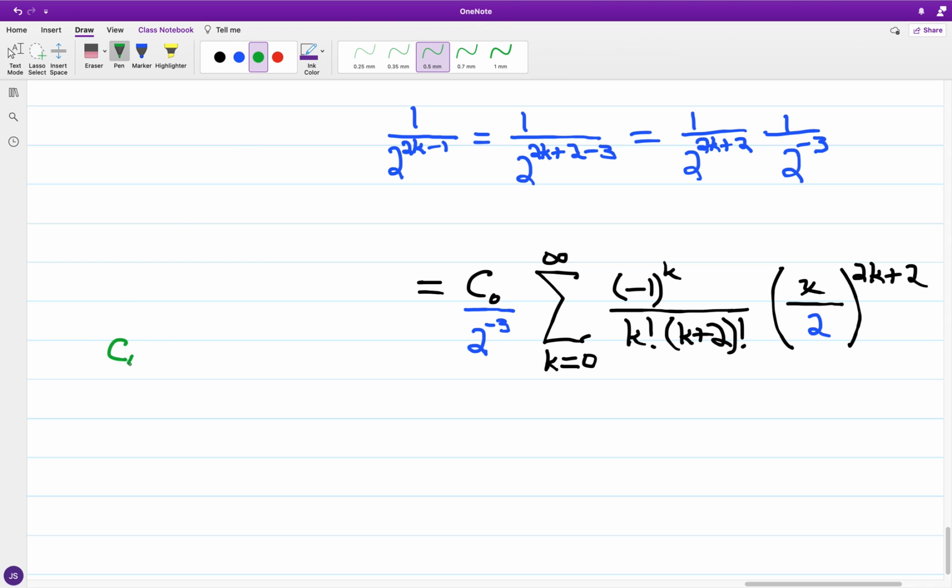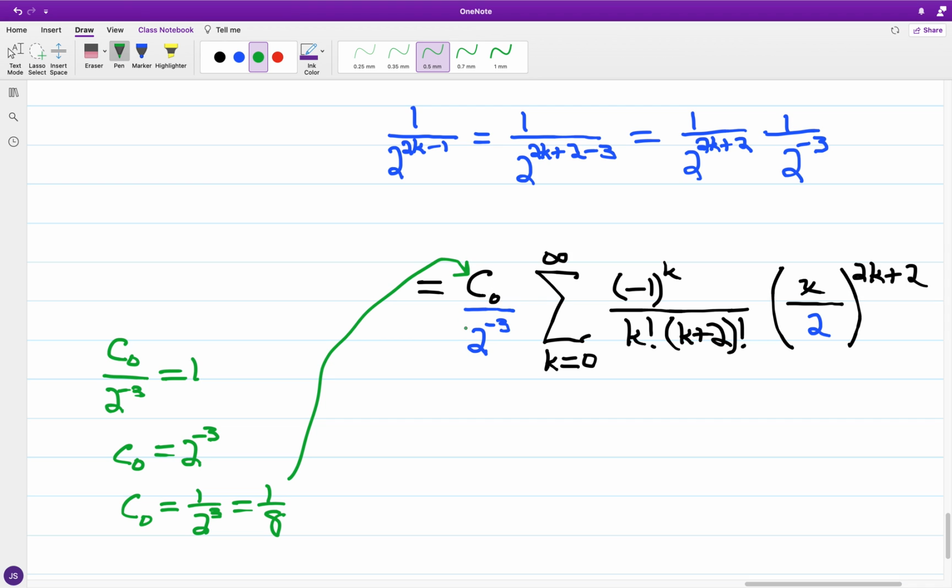Just kind of mention, okay, so if I had to get this equal to 1, if C naught is 2 to the negative 3, okay, so your C naught would be 1/8, but for all intents and purposes, we'd say this is just going to be a constant, and a constant times the summation.